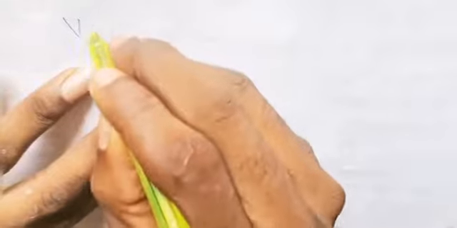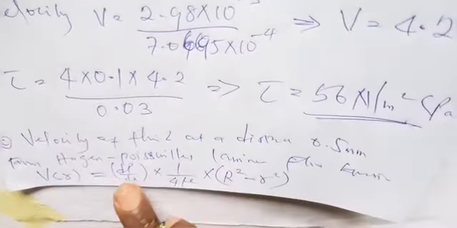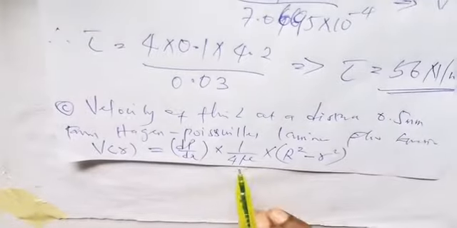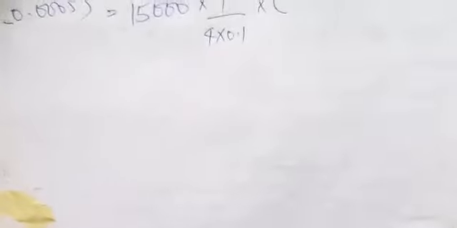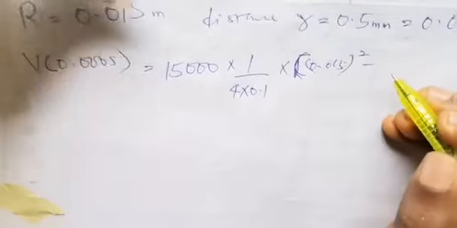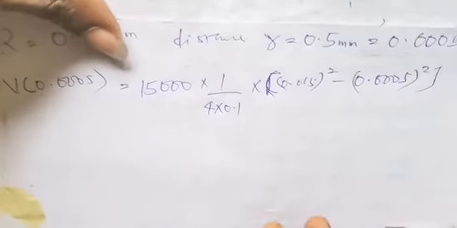Therefore, velocity at that distance 0.0005 is equal to the pressure gradient, which was given to us as 15,000, multiplied by 1 over 4 times dynamic viscosity, 1 over 4 multiplied by 0.1, times the larger radius 0.015 all squared minus the smaller radius 0.0005 all squared.